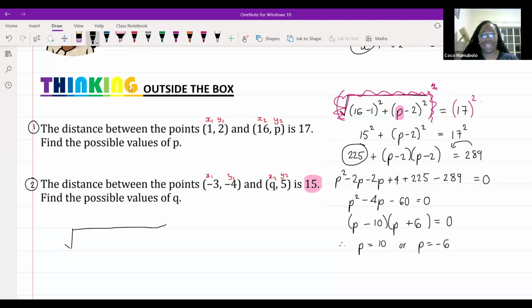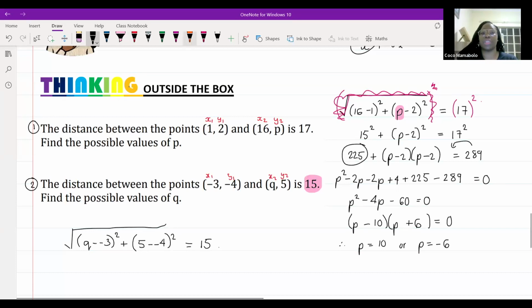I'm going to get the square root of x2, which is q minus -3, all squared, plus the other bracket, 5 minus -4, all squared. And all of this is equal to 15.